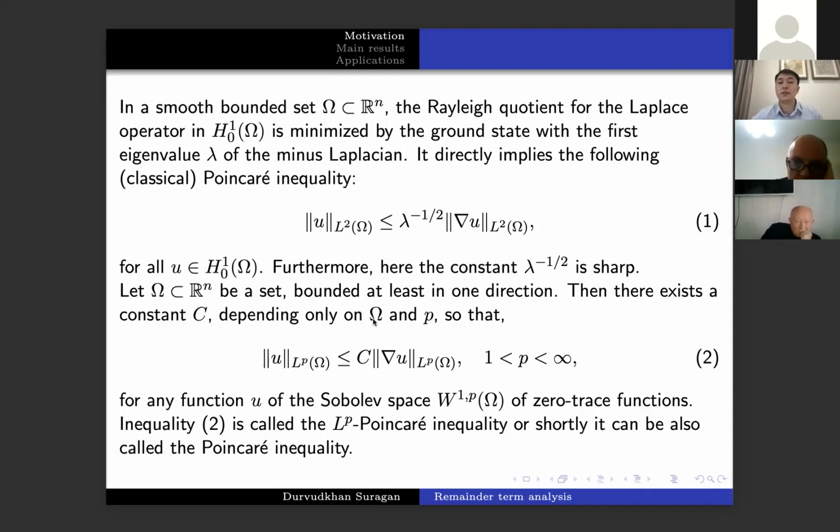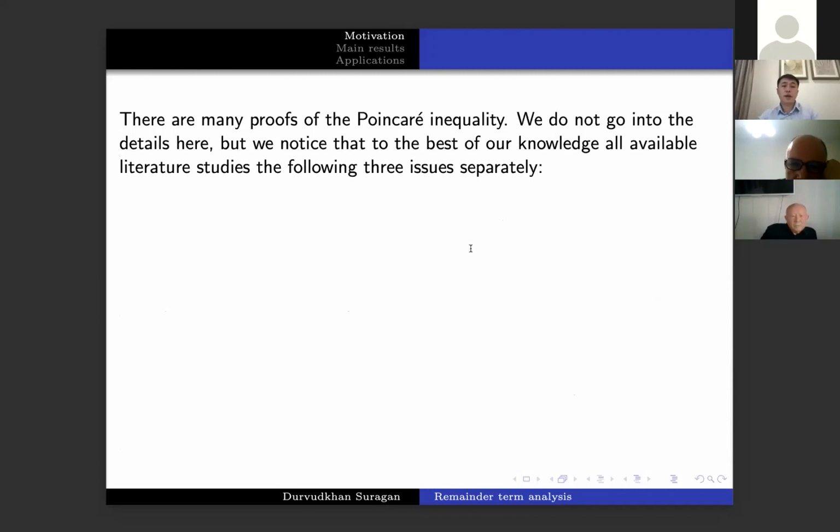As we see in the L^2 case, it can be characterized by lambda 1, the eigenvalue of the Laplacian, but in the L^p case, it's indeed a hard task. For simplicity, we call all these types of inequalities the Poincare inequality. There are many proofs of the Poincare inequality, but we do not go into the details.